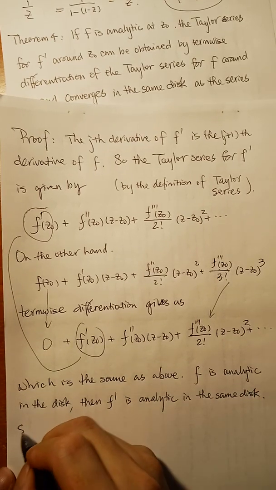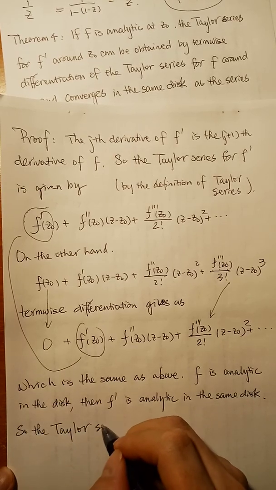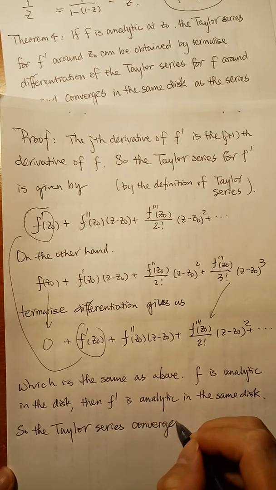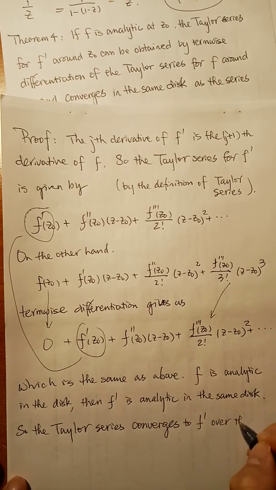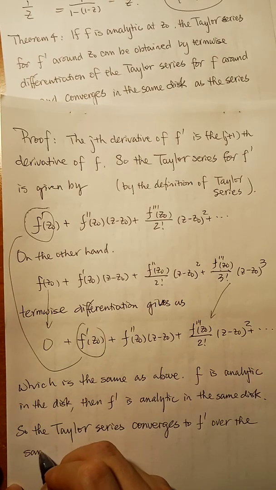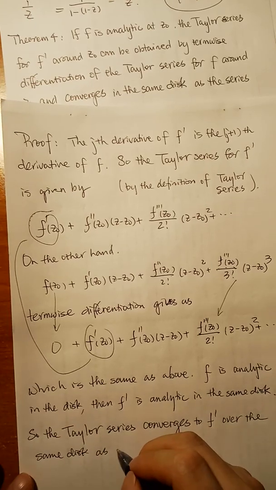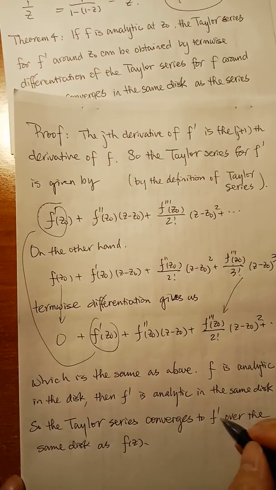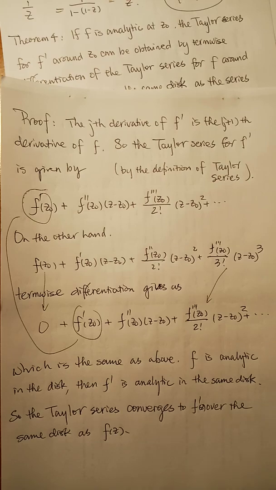So the Taylor series converges to f prime over the same disk as f of z, because they are both analytic over the same disk.